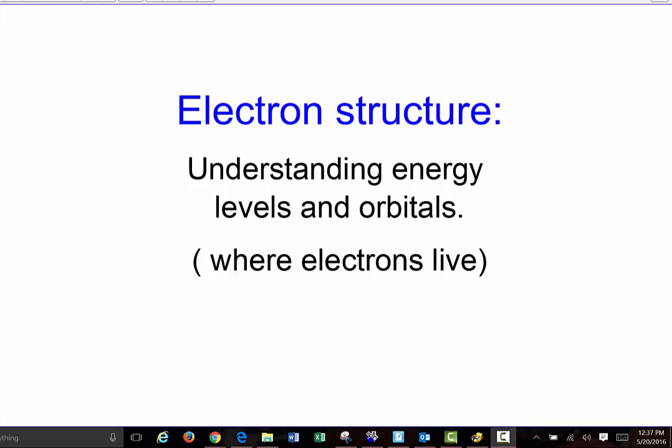And up until now in Science 10 we dealt with Bohr diagrams, which you might recall. And Bohr diagrams are really great for thinking about where electrons live, and they work really well up to about the first 20 atoms in the periodic table.